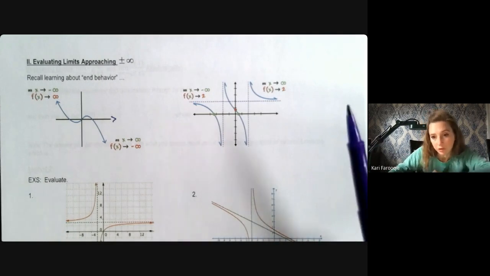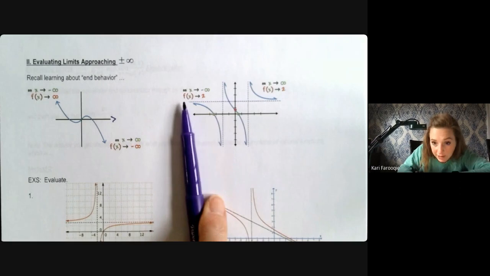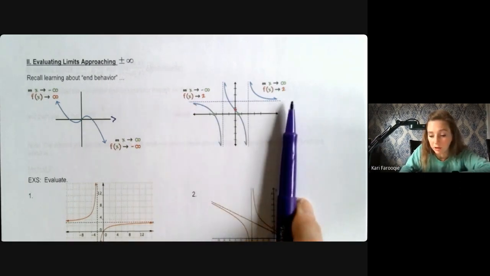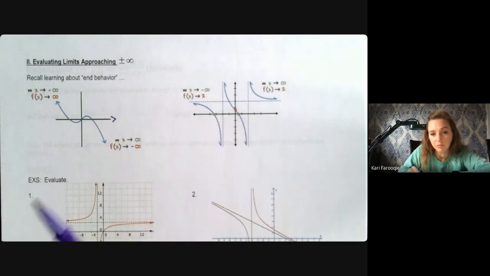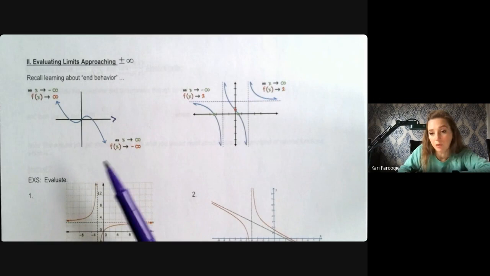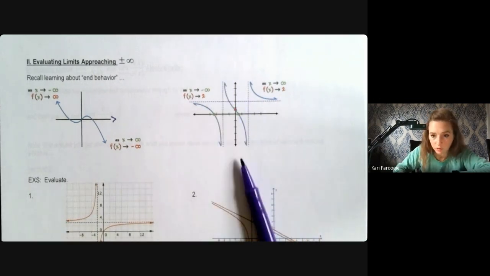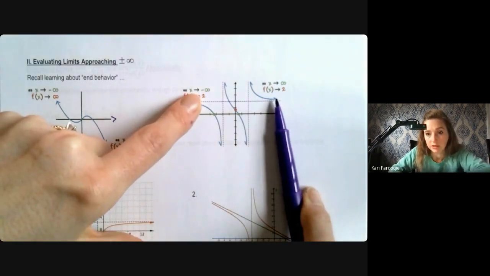What we're mostly focusing on for horizontal asymptotes is what's happening to the end behavior of the graph. As x gets really small or really large, what's happening to the y values? Those y values are going to be bounded by those horizontal asymptotes. Even though in this situation we can cross through that horizontal asymptote in the middle, we can't cross through it at the ends.